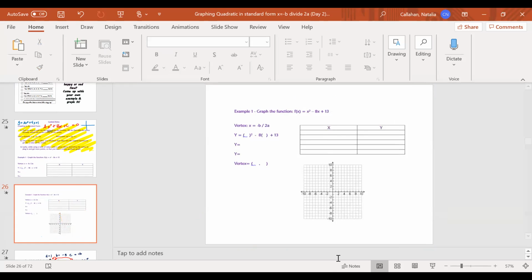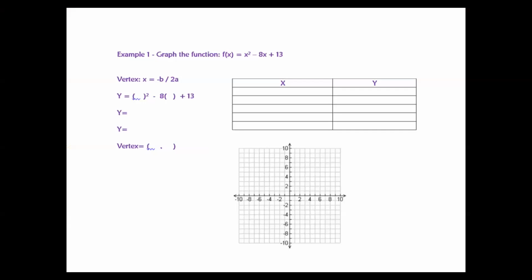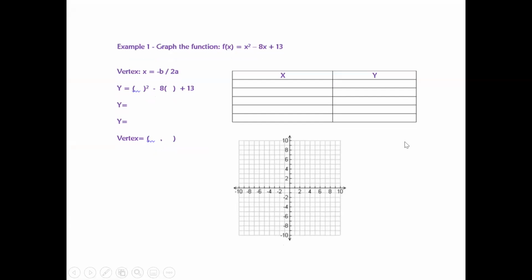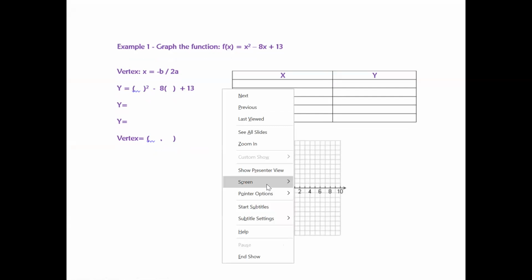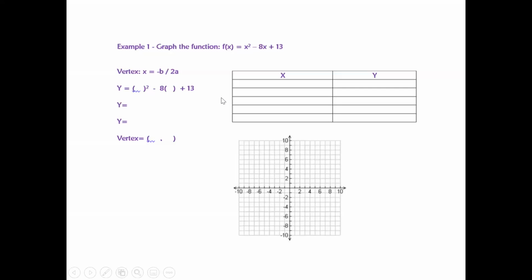All right, let's take a look at example number 1 then. So looking at example number 1, you have standard form and you want to go ahead and graph the parabola. So you'll look for the vertex, and the vertex formula is -b over 2a.